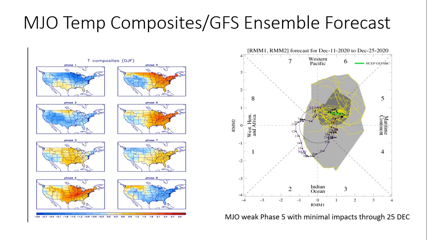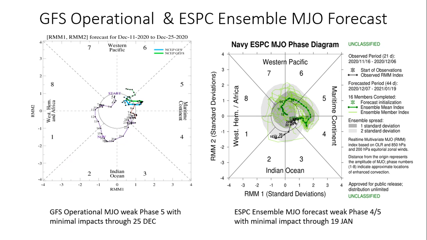So the MJO right now, and this has occurred over the past 3 to 4 weeks, has been very inactive. Kelvin waves haven't really got things going as far as the MJO goes. And so the influence from the Pacific, as far as the MJO goes, has been very minimal on the United States weather.